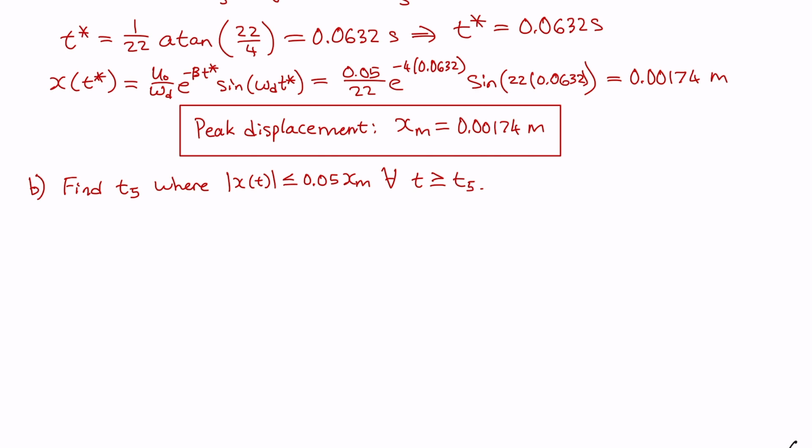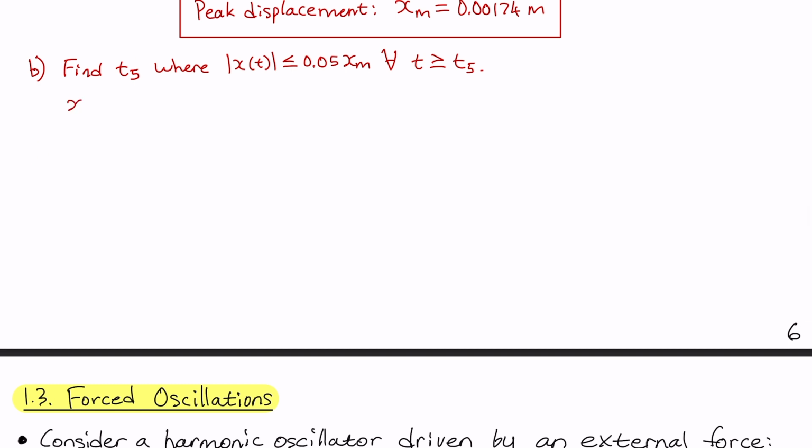So let's go back and rewrite what our displacement was. We had x at t is equal to u0 divided by omega d times e to the minus beta t times the sine of omega d t. In this, the only term that will ever have a negative value is that sine term. Every other term is always going to be positive, and in fact, it represents the amplitude.